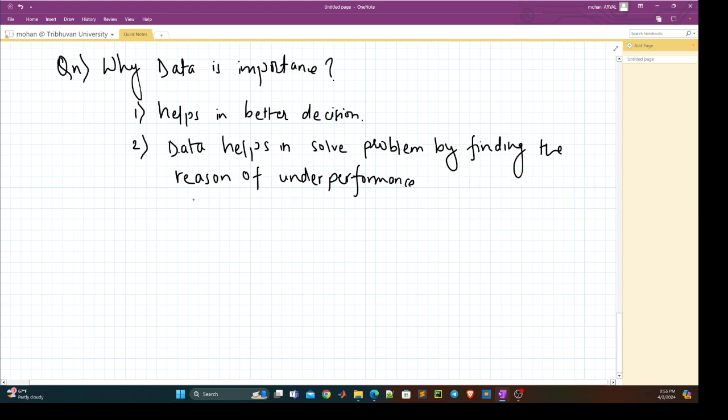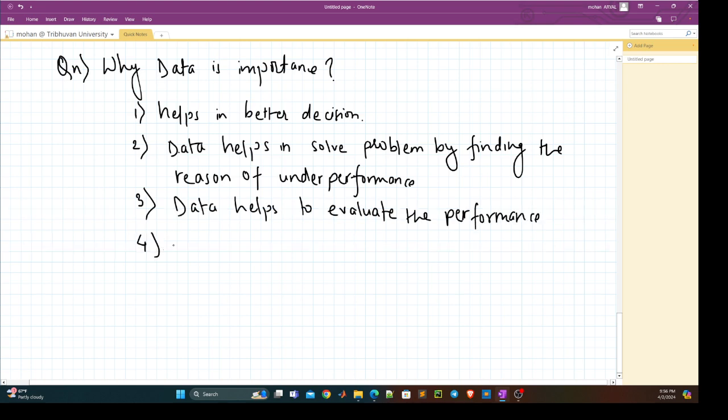And the third one is data helps to evaluate the performance, and that's the obvious reason.